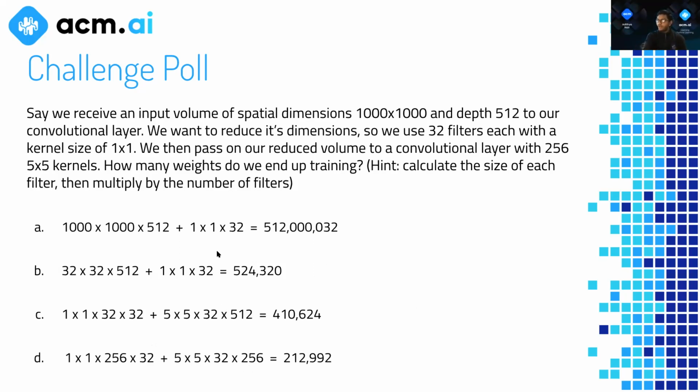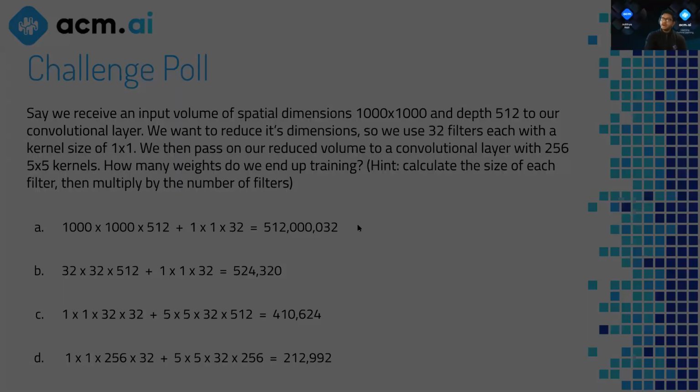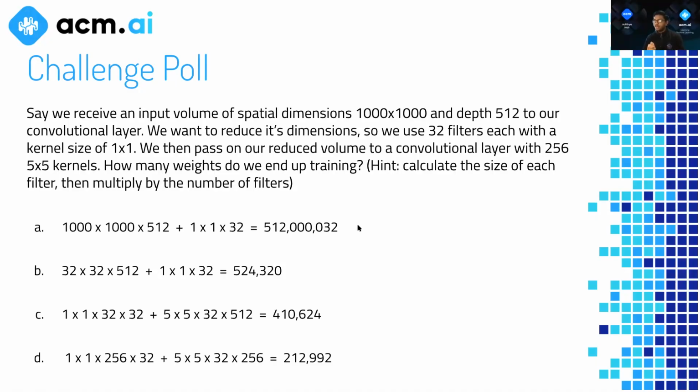And after that, we take a look at our next layer. The next layer says we have 5 by 5 kernels and 256 of them. What this tells us is the spatial dimensions of the filter in our next layer is 5 by 5.